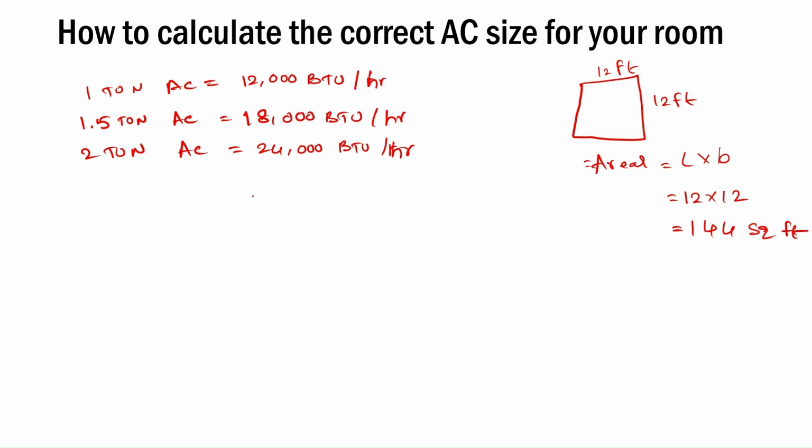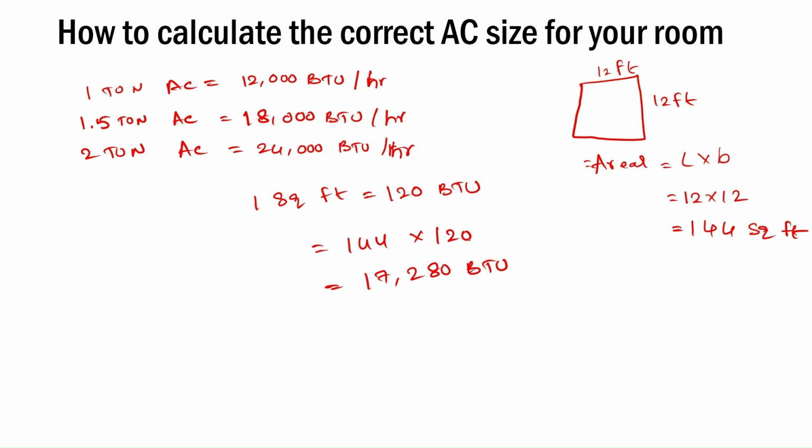That means 1 square foot requires 120 BTU. So the area of the room is 144 square feet into 120, and the cooling required becomes 17,280 BTU.